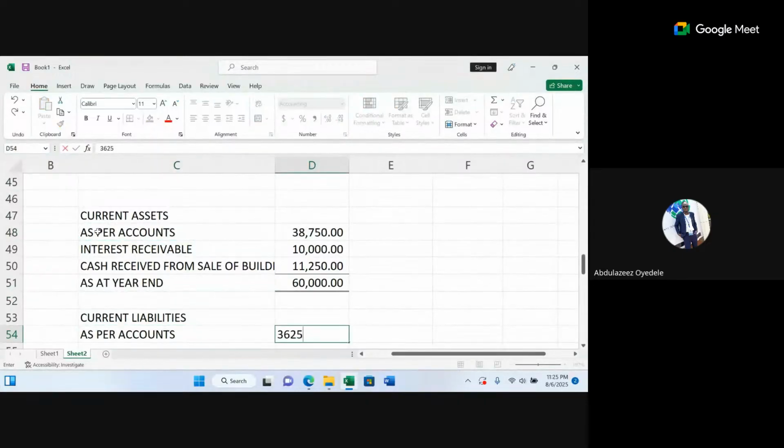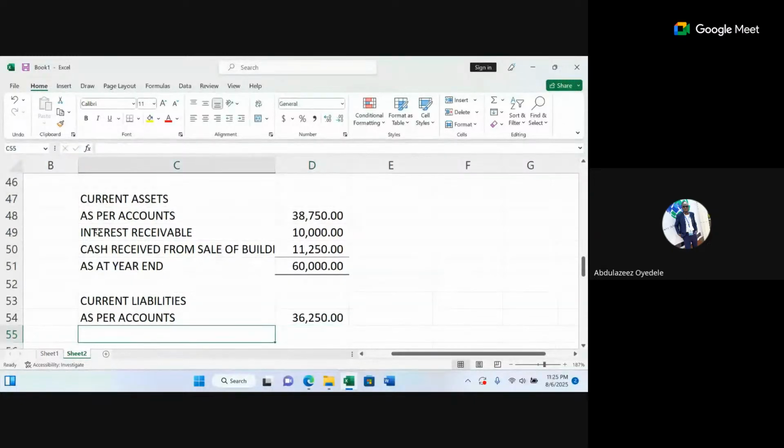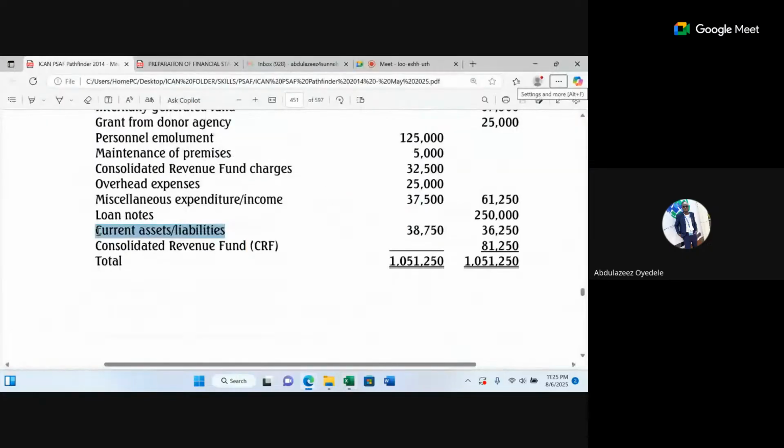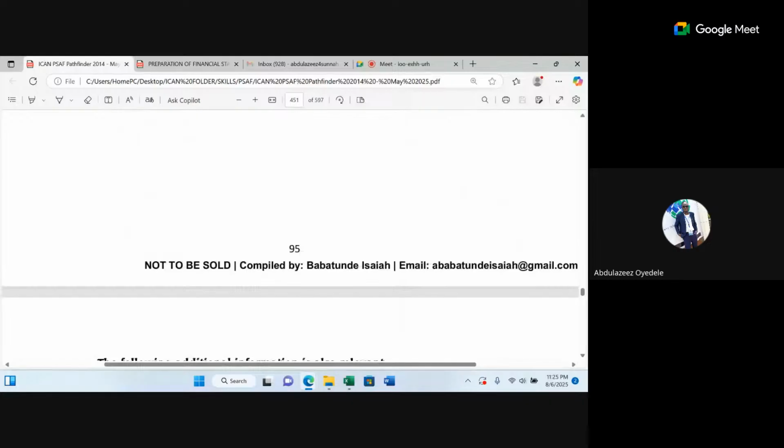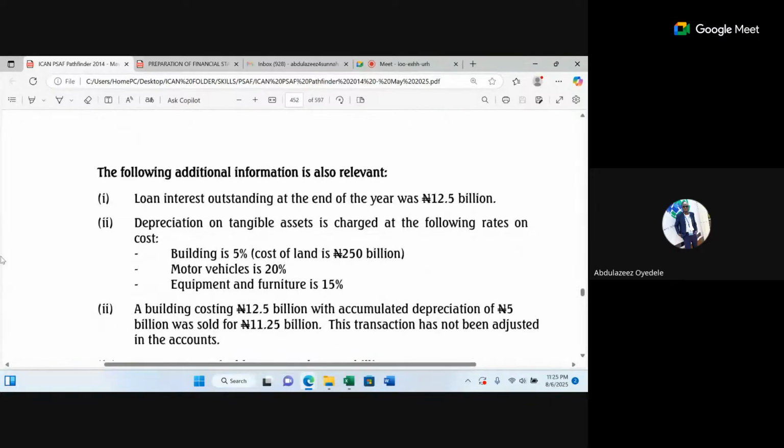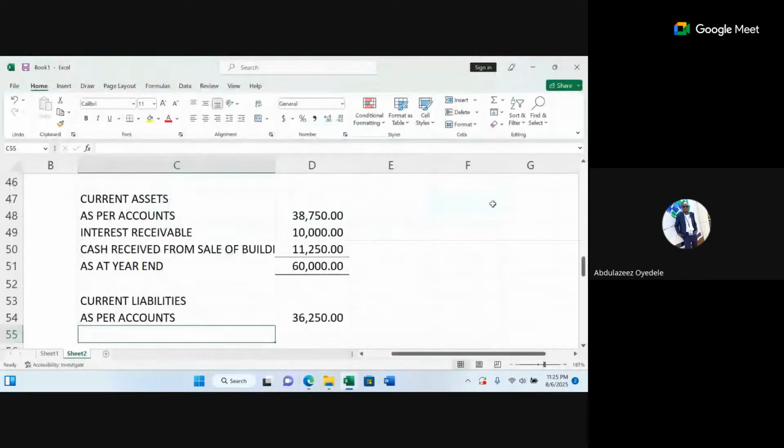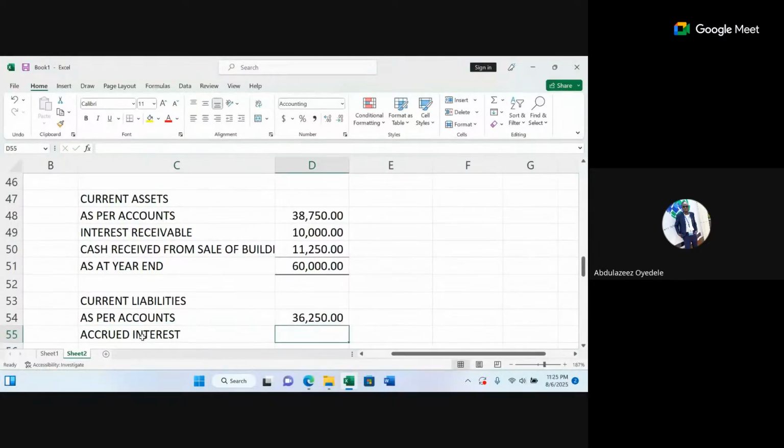Then we're told that there's an outstanding interest that they have not paid, which is additional information number 1. It says there's a loan interest outstanding at the end of the year, and that is 12.5 billion. So outstanding or accrued interest, 12,500.